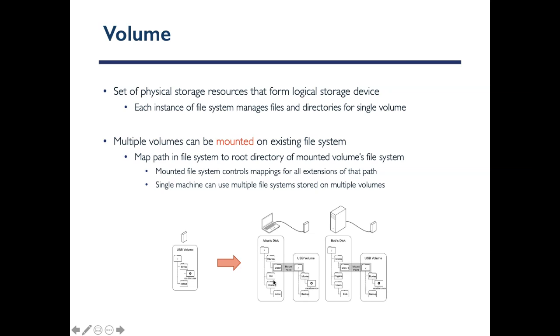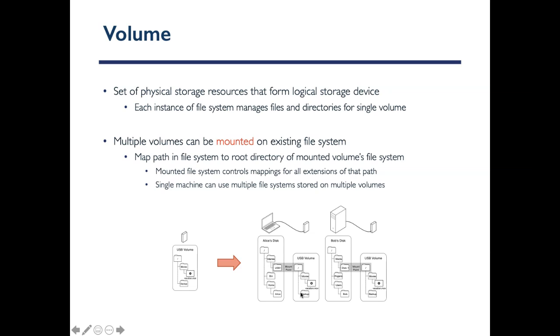What that does is basically map this name, root volume USB1, so this path will be mapped to the root of this second file system.